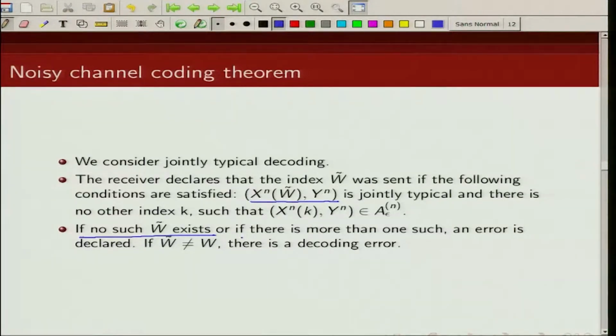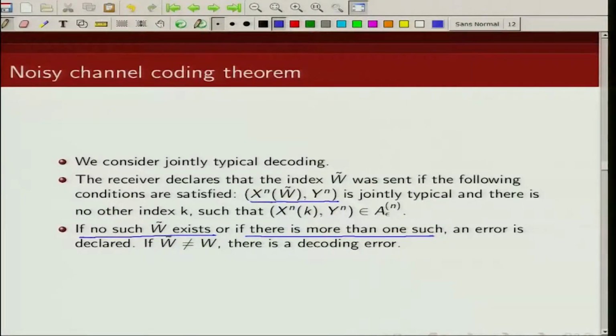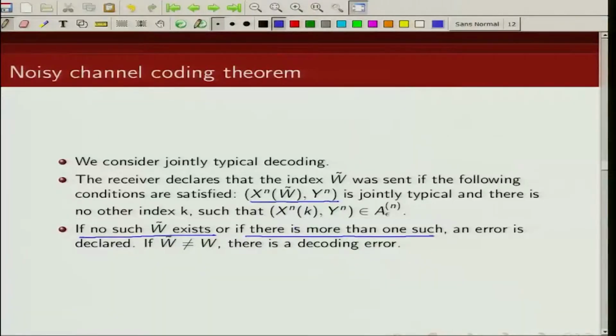The second condition under which an error can happen is if there is more than one such index for which x^n(k) and y^n are jointly typical. So there are two possible cases of error. One, there does not exist any index W tilde such that x^n(W tilde) and y^n are jointly typical. Second, there exists more than one index for which x^n(k) and y^n are jointly typical. Then also we will make a decoding error.